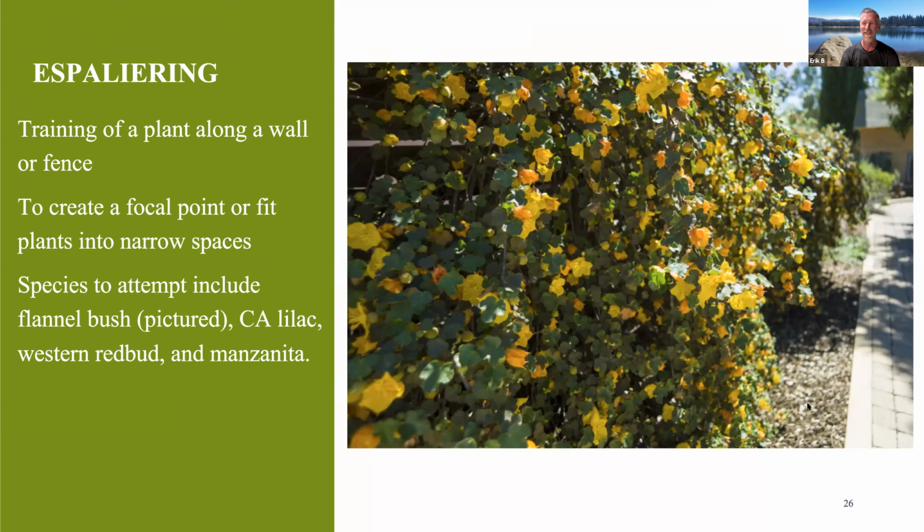They suggest that you do this at the last part of the day so you can wash up really quickly afterwards. You can also wear a Tyvek suit and just take it all off at the end. So yeah, espaliering.